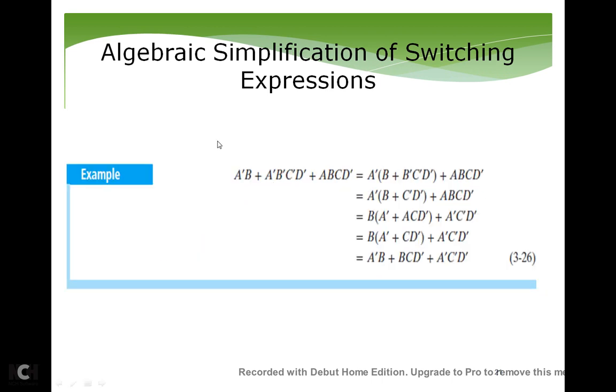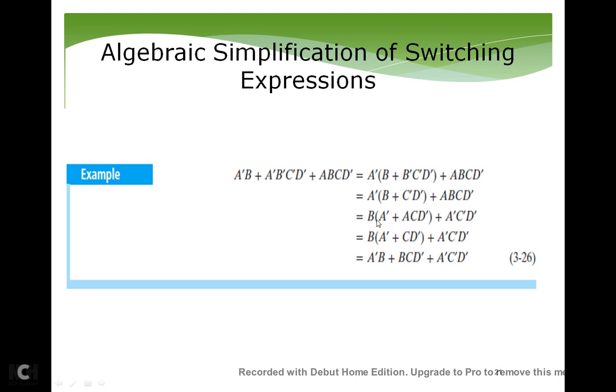So you've got the A prime factored out, so you've got B or B prime CD. It's of the form X or X primed Y, so this literal B prime goes away. Get this: B or C prime D prime. Now, this is not shown here, but this A prime got multiplied back through, and then we took the B out.